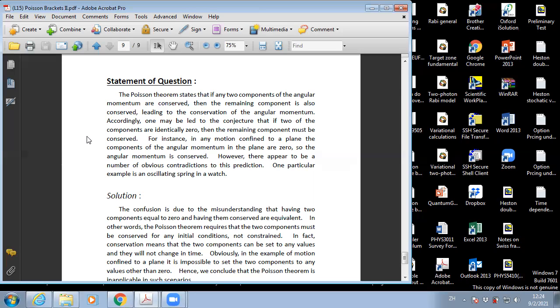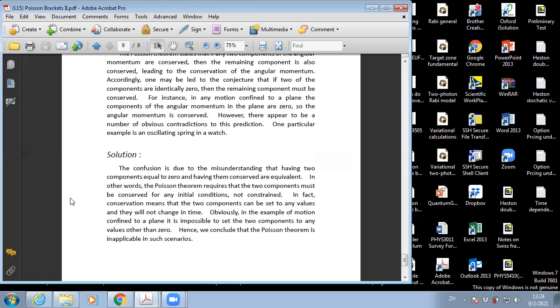However, there appear to be a number of obvious contradictions to this prediction. One particular example is an oscillating spring in a watch. Why is this so? Here is the answer. The confusion is due to the misunderstanding that having two components equal to 0 and having them conserved are equivalent.